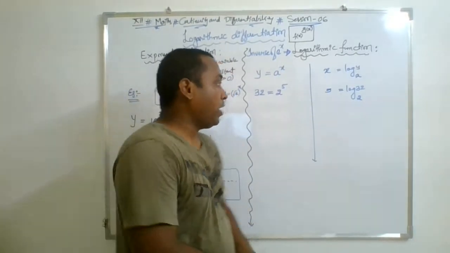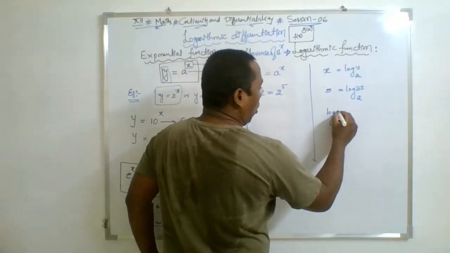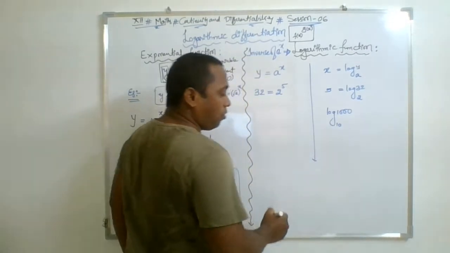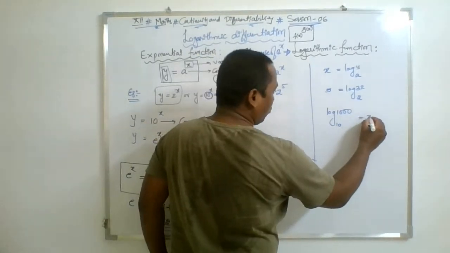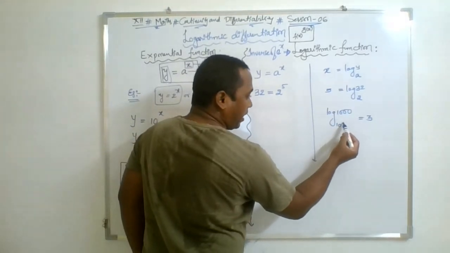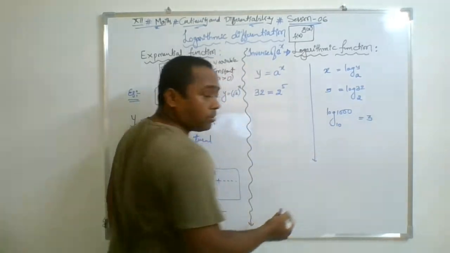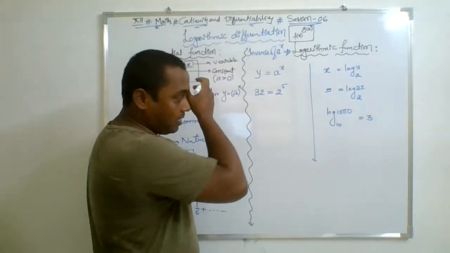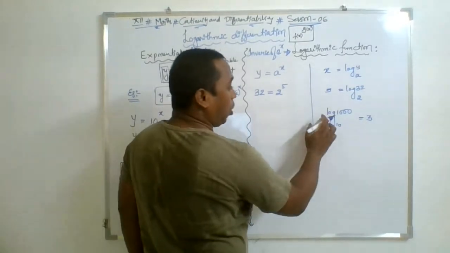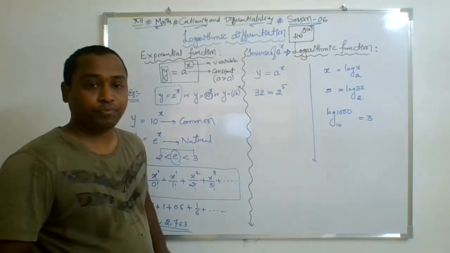Clear? In a similar manner, if I simply ask log 1000 base 10, the answer would be 3, because what should be the power of 10 so that its value becomes 1000? So 10 to the power of 3 will give 1000, hence log 1000 base 10 will give 3.